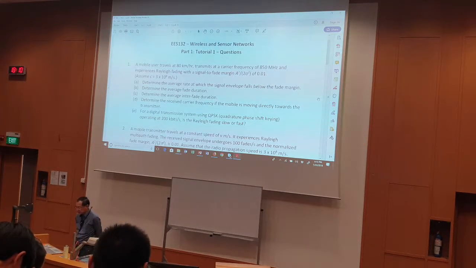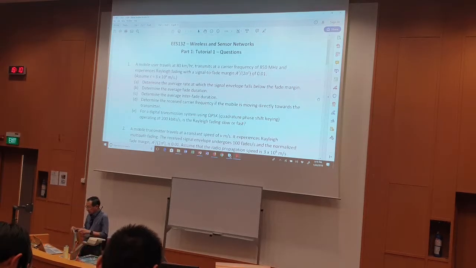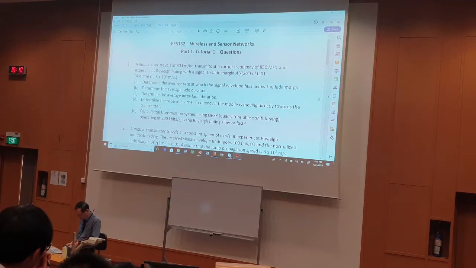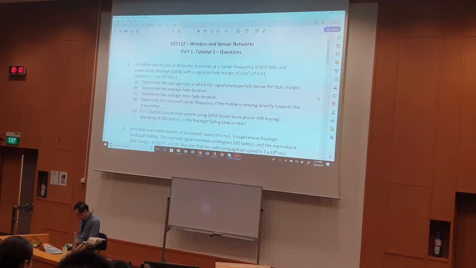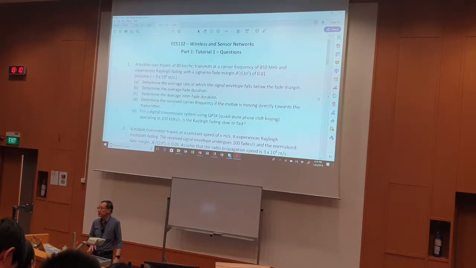Assume that c is 3 times 10 to the 8 meters per second. Determine the average rate at which the signal envelope falls below the fade margin, the average fade duration, and the average interfade duration. Those are pretty straightforward. All the formulas we went through already last week.